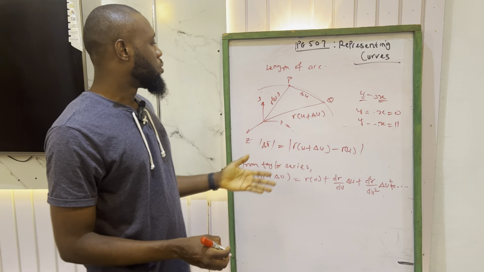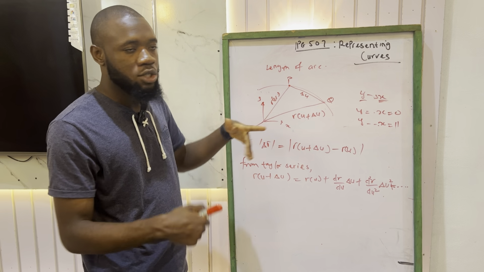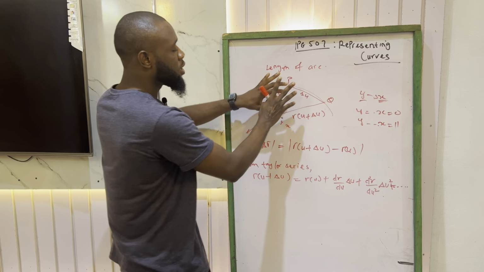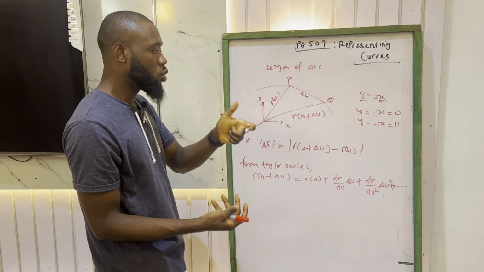Like I said, let's assume it's a small change. That is, P and Q are very close. I'm just making them larger for the sake of analysis. They are quite close, but not too close.